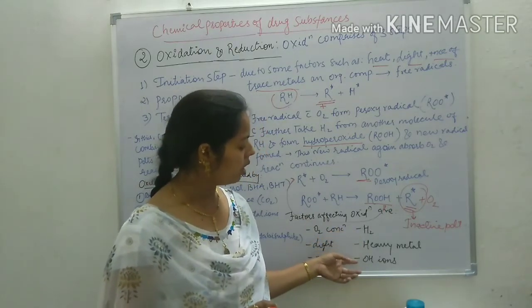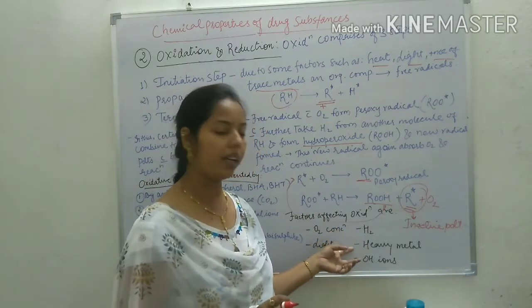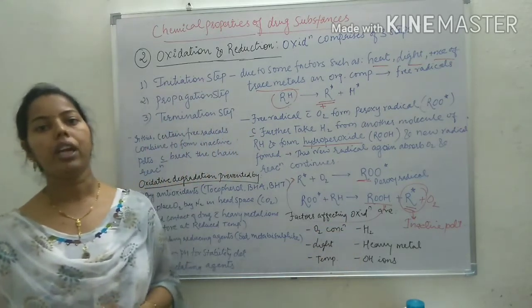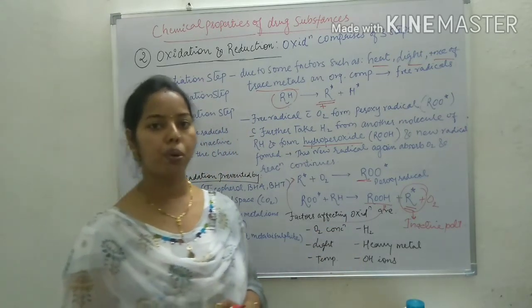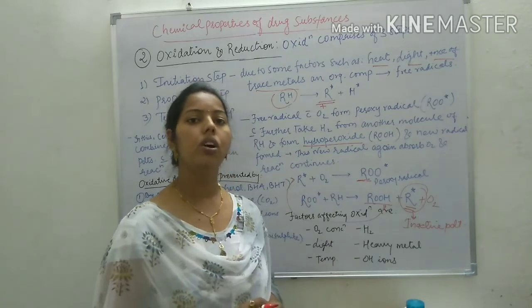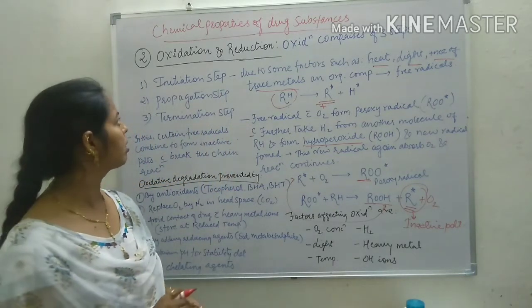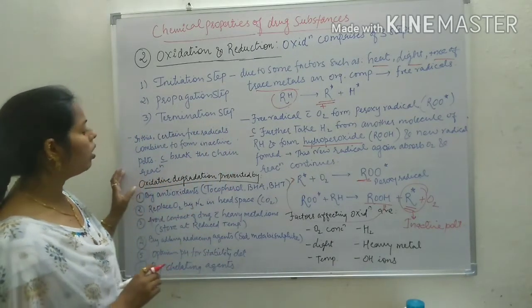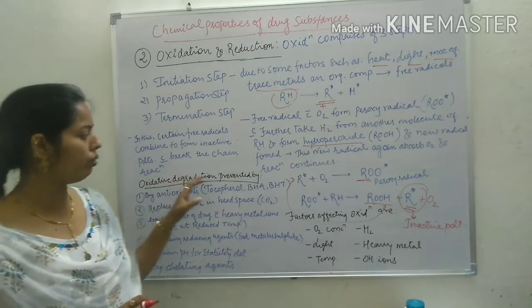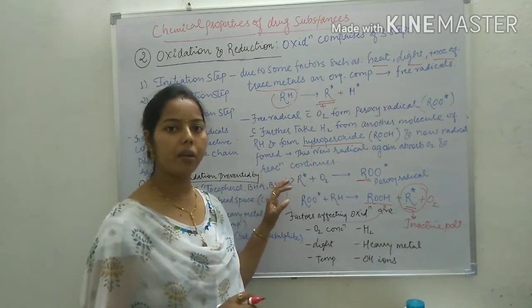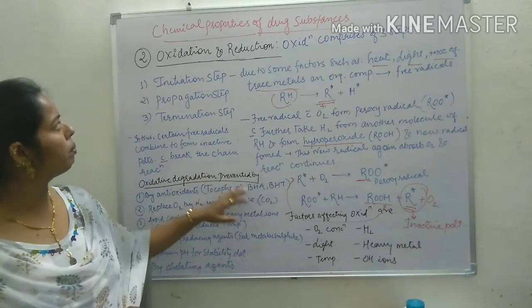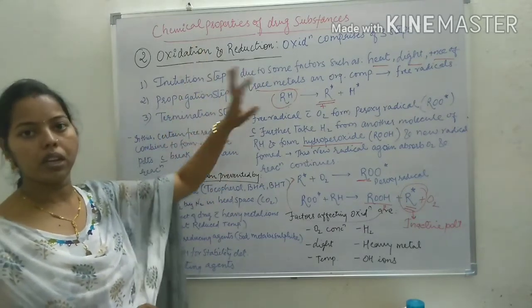Hydrogen ions, hydroxyl ions and heavy metals again affect the oxidation process along with the reduction process.